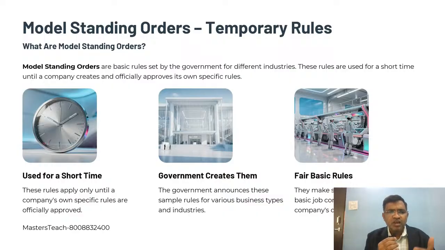The government announces these sample rules for various business types, with fair basic rules so that all workers have fair job conditions, proper working conditions, and proper job hours, even before a company makes its own rules. So these are called model standing orders. They are also called temporary rules.